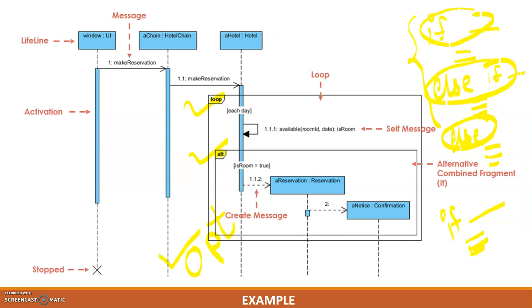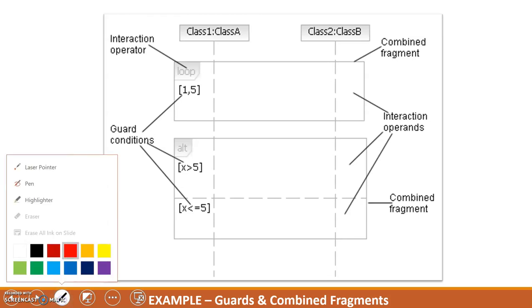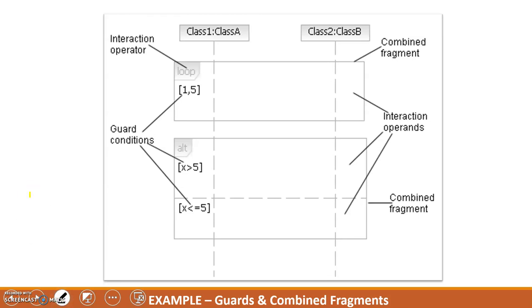So as you can see, here you have a combined fragment, loop and alternative. To understand it better, here we have an example. So see, very first, what is a combined fragment? As you can see, here we have two combined fragments, 1 and 2. To show the combined fragments, we use a box or the rectangle, right?